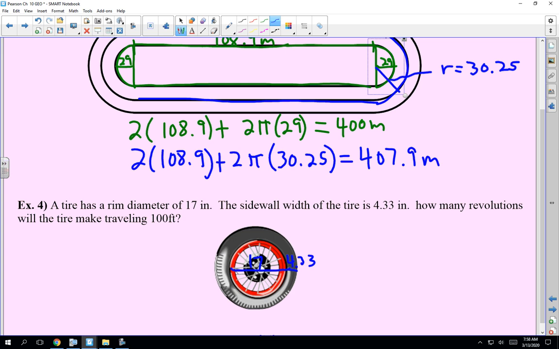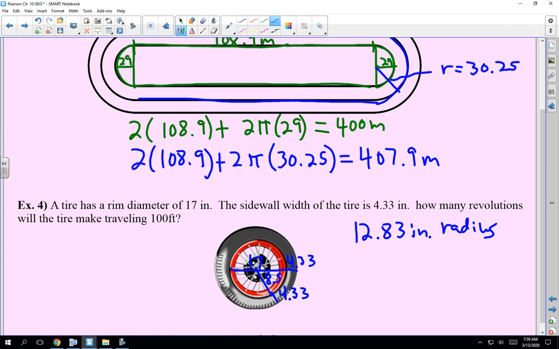So let's figure out here what we've got going on for the radius, first of all. So radius is going to be just half of this, which is 8.5 plus the 4.33. That gives me 12.83 inch radius.